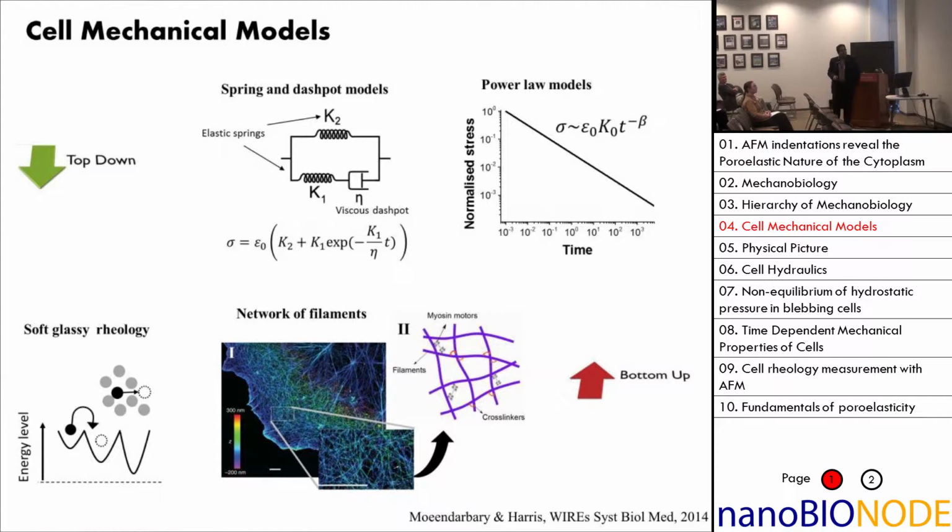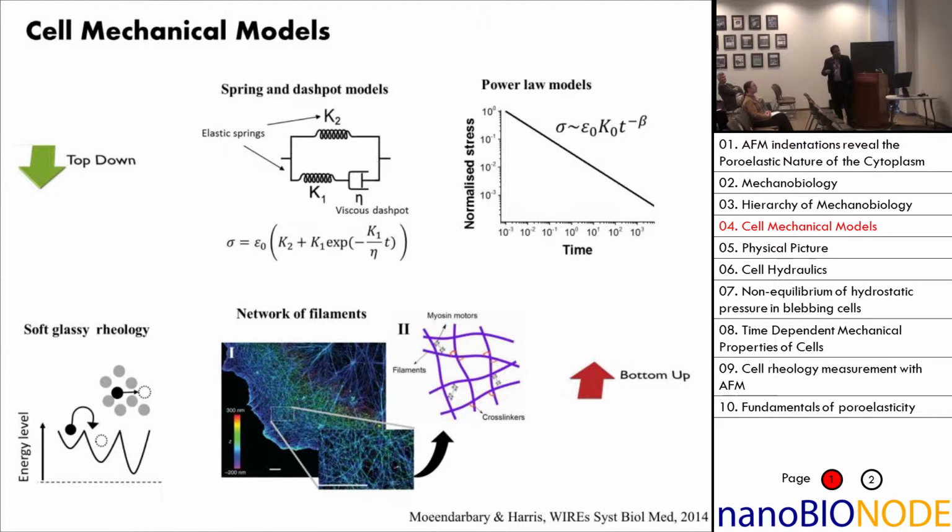People have developed different models, at least 20, 30 models, to fit the experimental data or explain the measured mechanical properties of the cell. Some of the models are top-down models. For example, you can fit any experimental data to a spring-dashpot model, or recently it was suggested that the mechanical response of the cell follows a power law rheology.